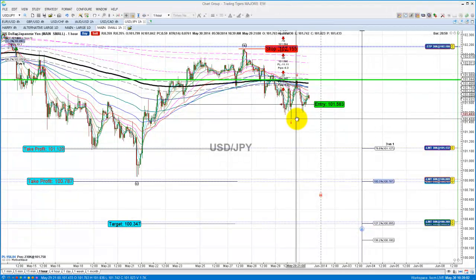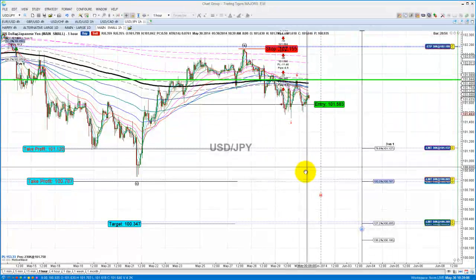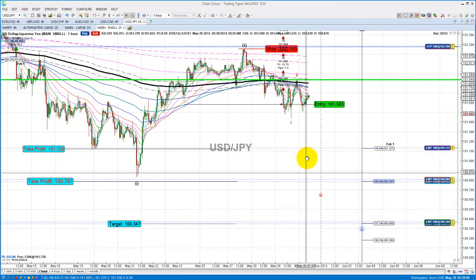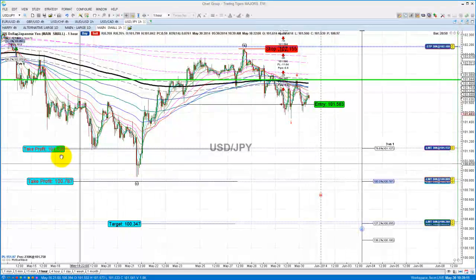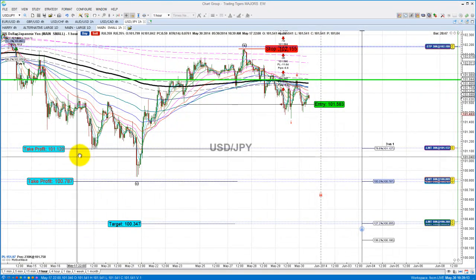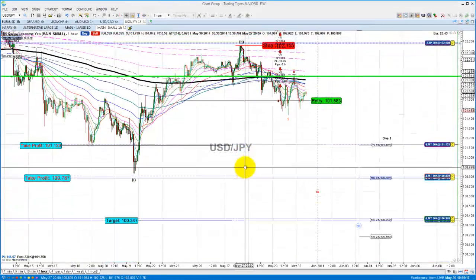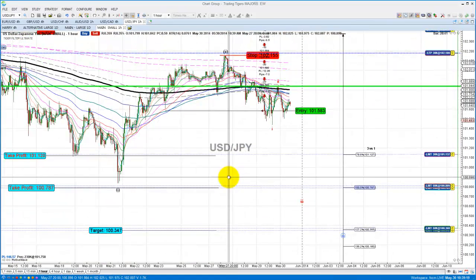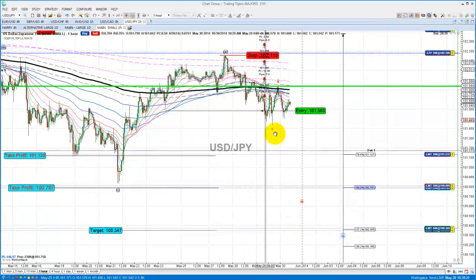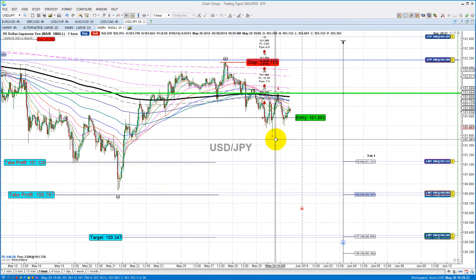That's why this point here is important, and also if this point is taken out, then we can assume we're going to go for the next levels, which is 101.120, taking out this level, and then we could probably see a larger move down. So just watching the support and resistance levels accordingly.